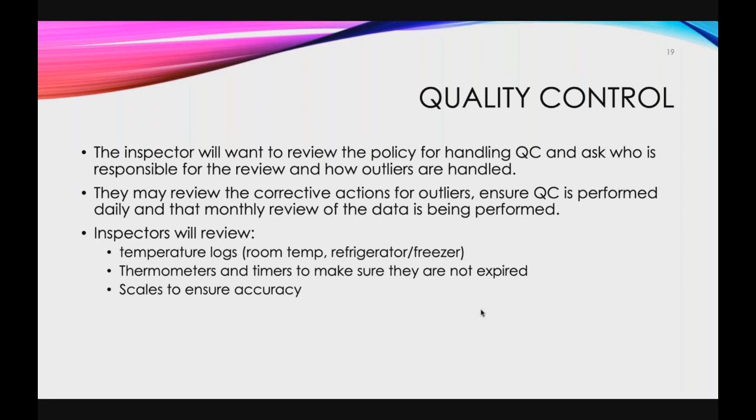The scales. In our lab, we have scales for the morgue and scales for the grossing room. Pay particular attention to the scales in those areas. Make sure they are calibrated and that the calibration is up to date and noted on the scale. Calibration should be every year.